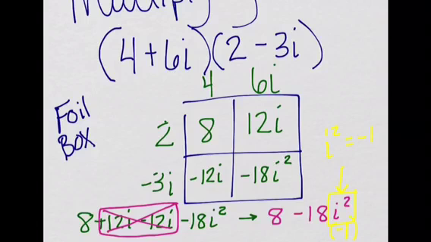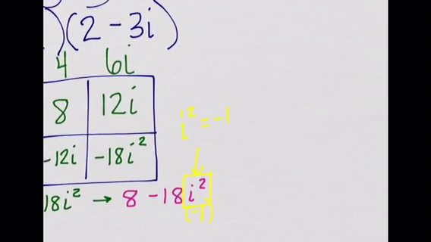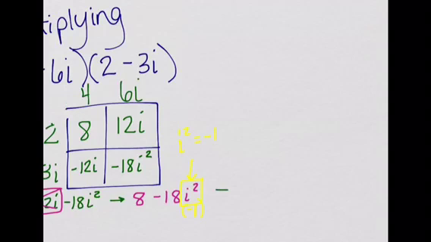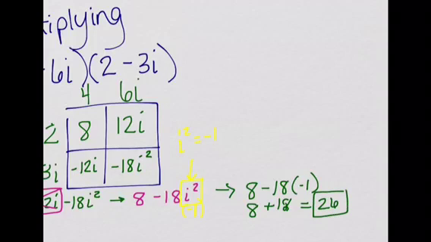So what I end up with here is 8 minus 18 times a negative 1, which is going to become 8 plus 18, and my final answer is going to be 26. Notice that I only have a real part. I don't have an imaginary part. Sometimes that happens, but not all the time.